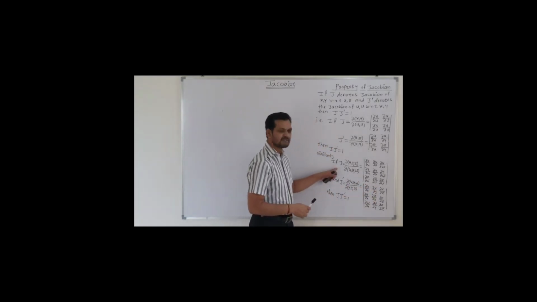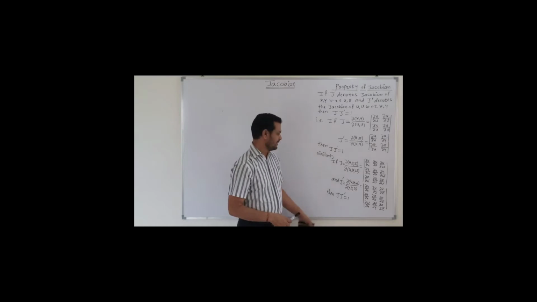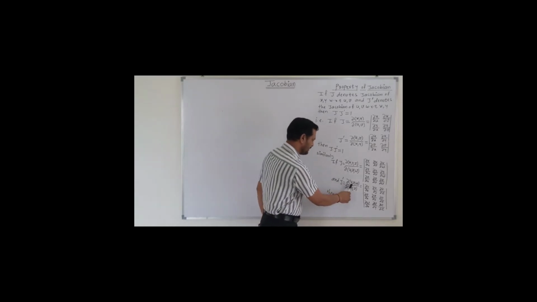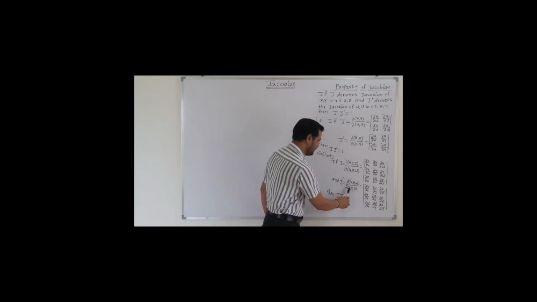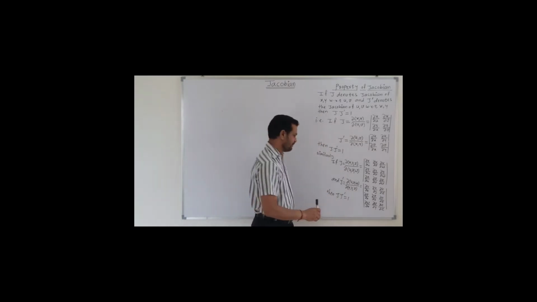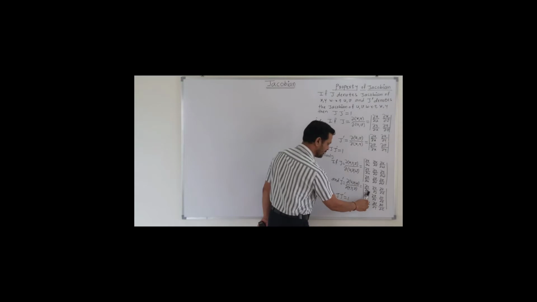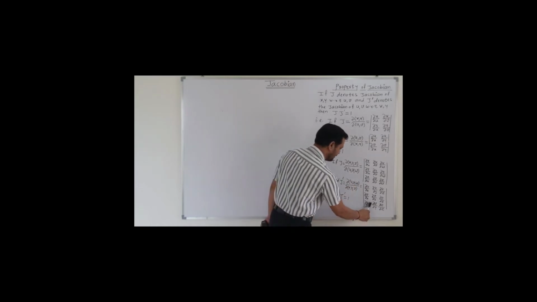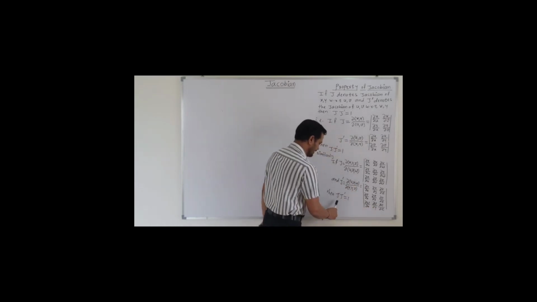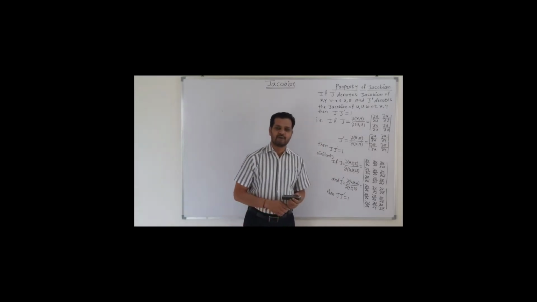So this is the definition of J, where J is for Jacobian. Then J dash is the Jacobian of u, v, w with respect to x, y, z, and its definition is the determinant of the partial derivatives of u, v, and w with respect to x, y, z. Then the value of J into J dash is 1. So this is the property of Jacobian.